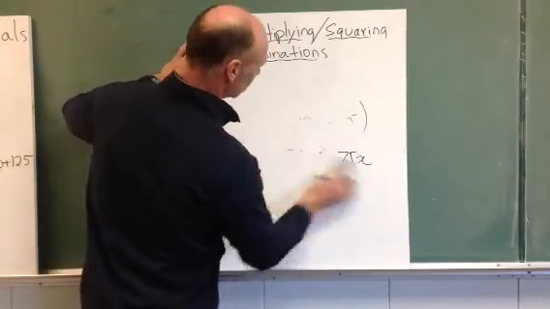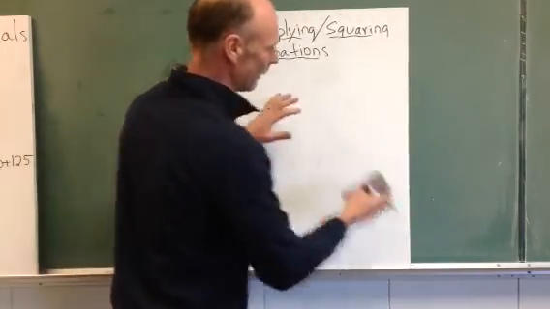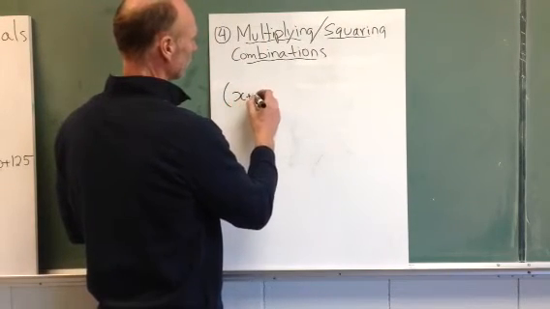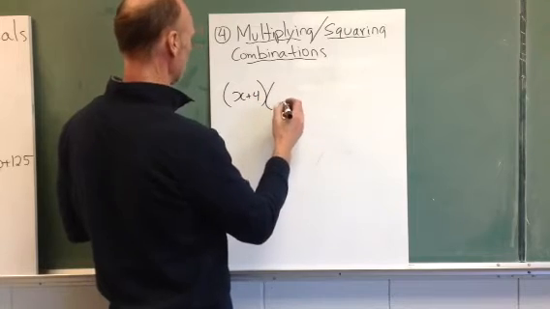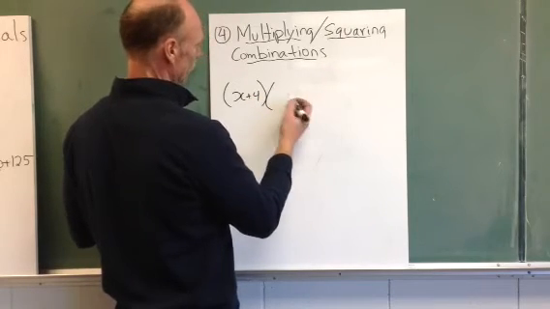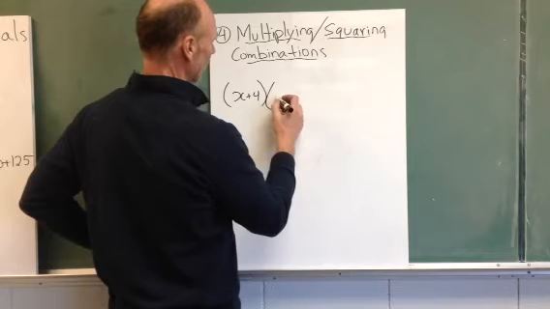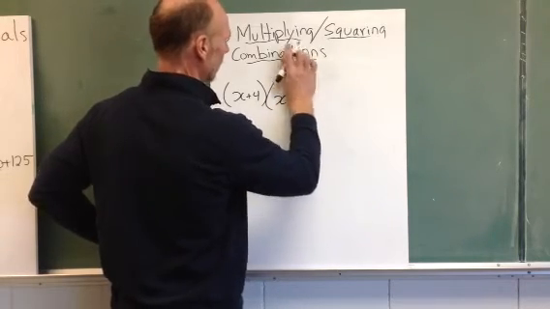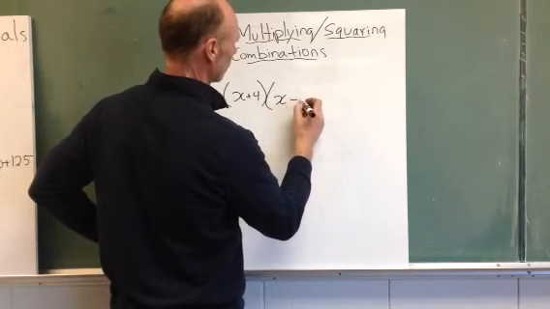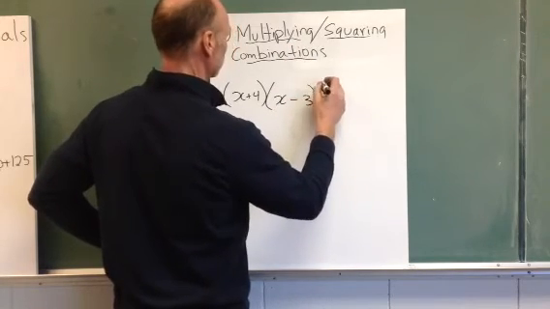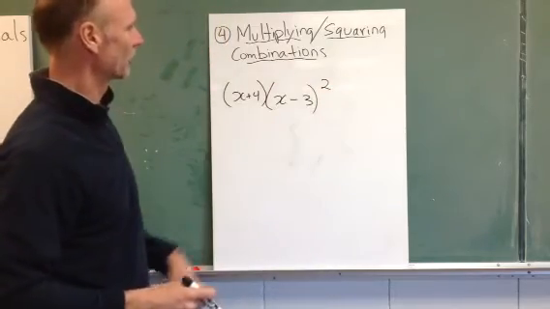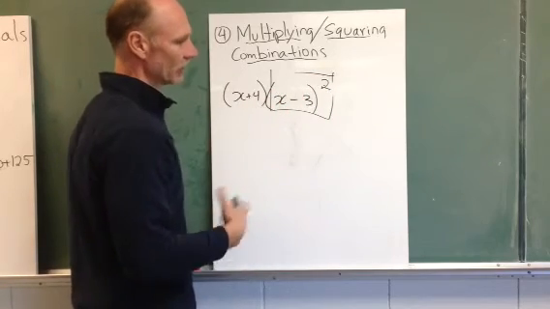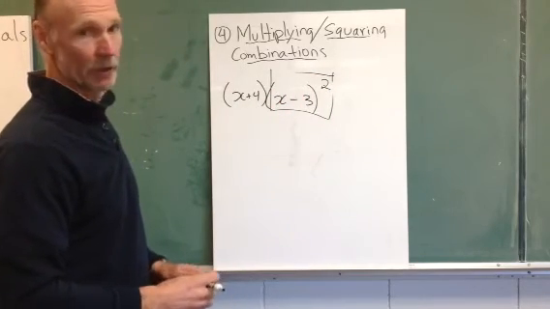We could have all sorts of stuff here where we have a binomial times, let's see, binomial times something else squared. The main thing is that you remember exponents come before multiplication.